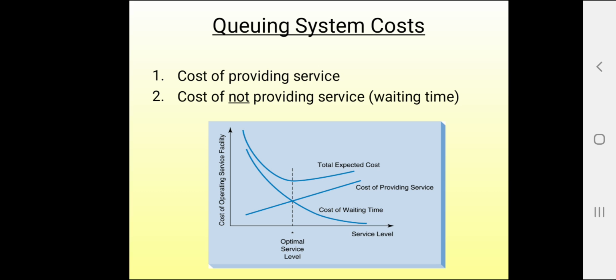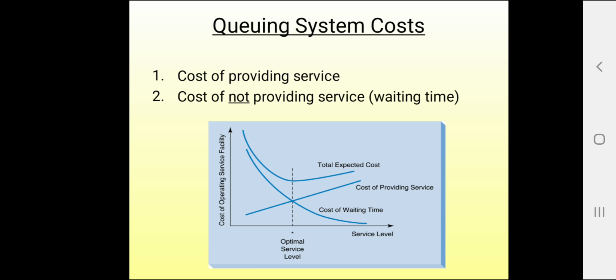Yesterday we discussed the same graph, and with the help of these two curves, so total expected cost we can find out by considering optimum level service. So the center line is optimal service level, where the cost of waiting time is also minimum and cost of service providing is also minimum.